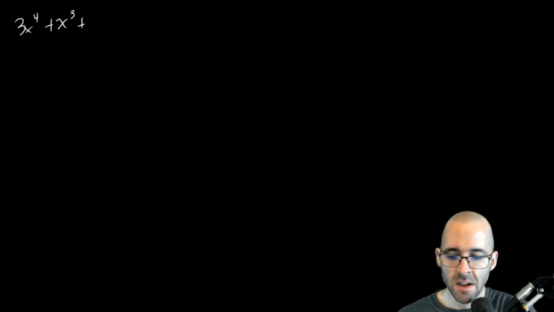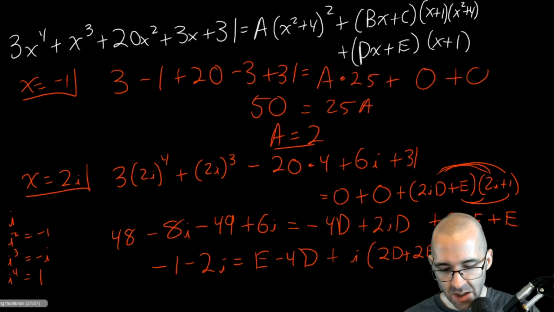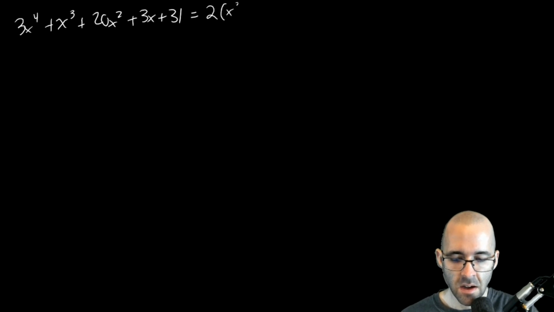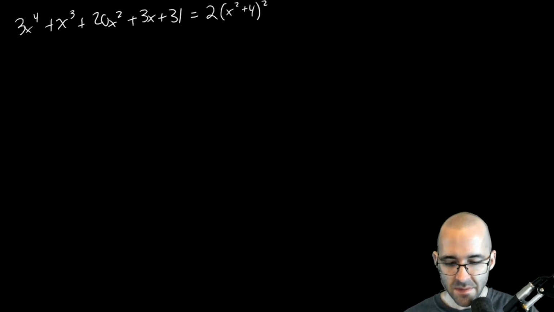So let me pull it up on a different monitor so I don't have to tab back and forth. If 3x to the fourth plus x cubed plus 20x squared plus 3x plus 31 is equal to A, which we said was 2, times x squared plus 4 quantity squared. We'll have to simplify that.